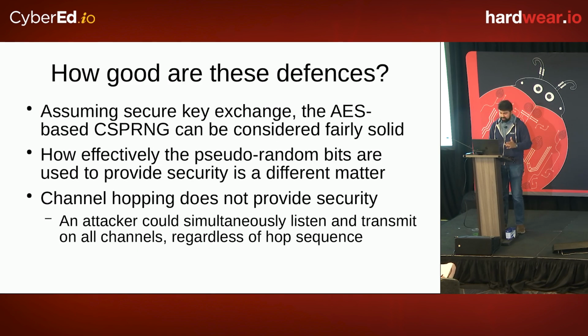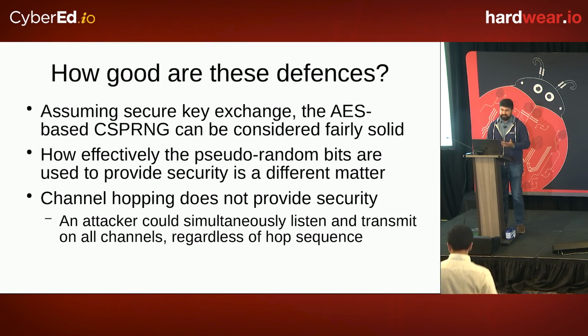Now, assuming the key exchange happens securely, which is a whole separate topic, the AES-based pseudo-random number generator is pretty standard and solid. But the interesting part is how these pseudo-random bits are being used to provide security to the ranging operations.